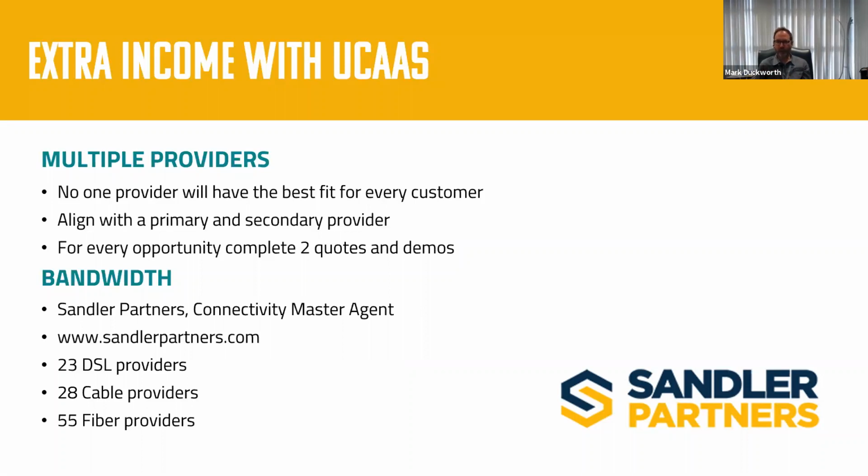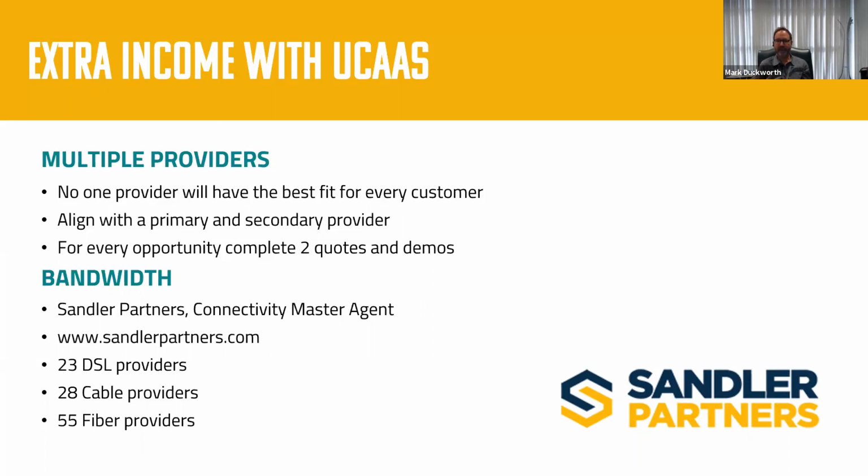We also want you to partner with us on bandwidth, right? We've got a great partnership with Sandler. They're a fantastic master agent. Some of you guys are using them already. They can help us with the bandwidth piece. So, you need to be maximizing your deal, helping the customer maximize their bandwidth, anytime you're selling UCaaS. And let's make sure that we're quoting a new fiber connection.